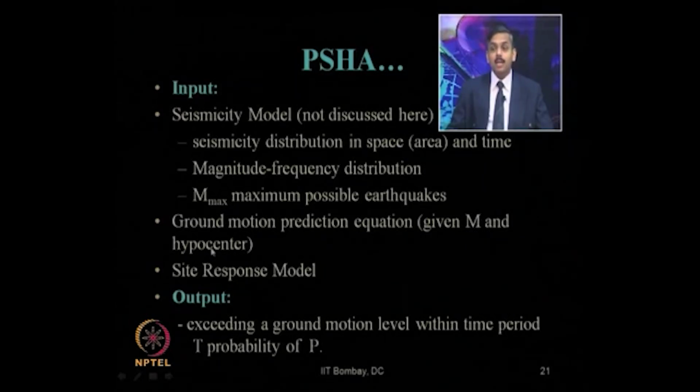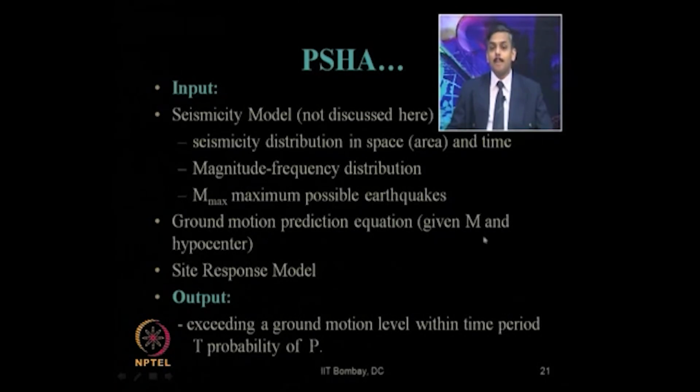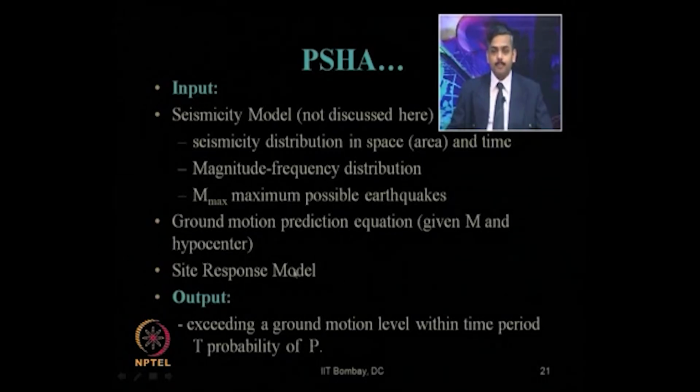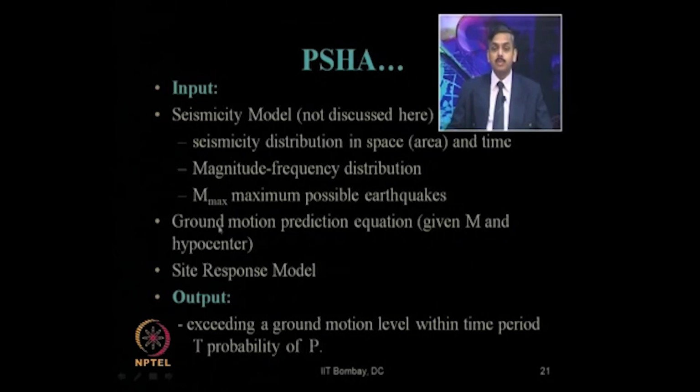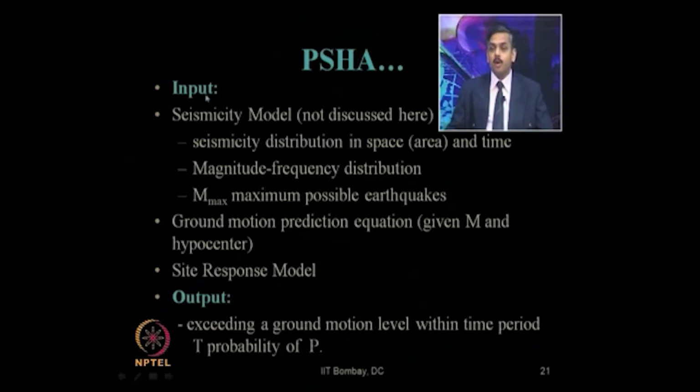So, whatever attenuation relationships involve both magnitude and hypocenter need to be considered, not the other relationships where hypocenter is neglected or magnitude is neglected. Then, which site response model we are going to use also needs to be identified or chosen as an input parameter for this PSHA.